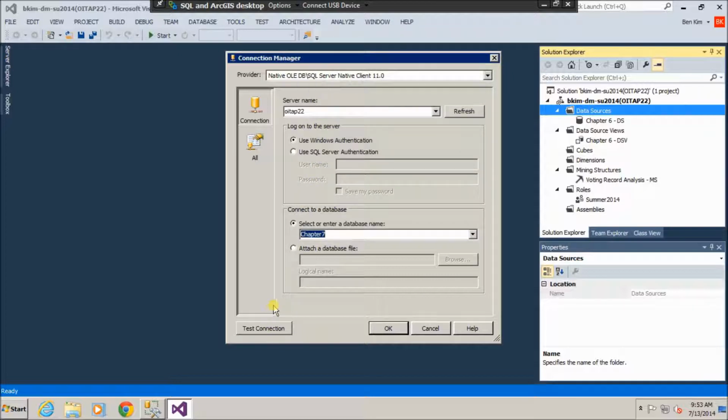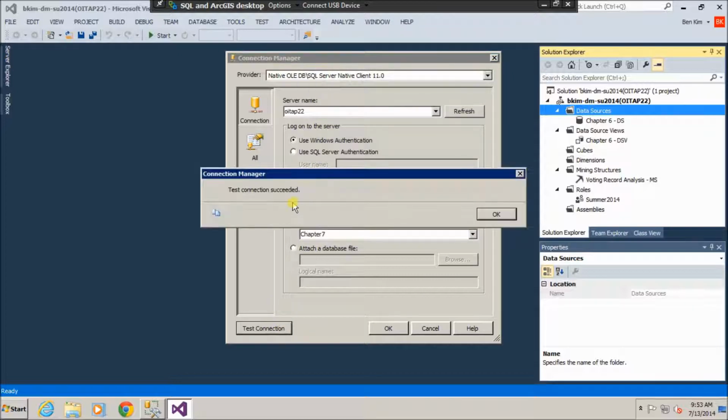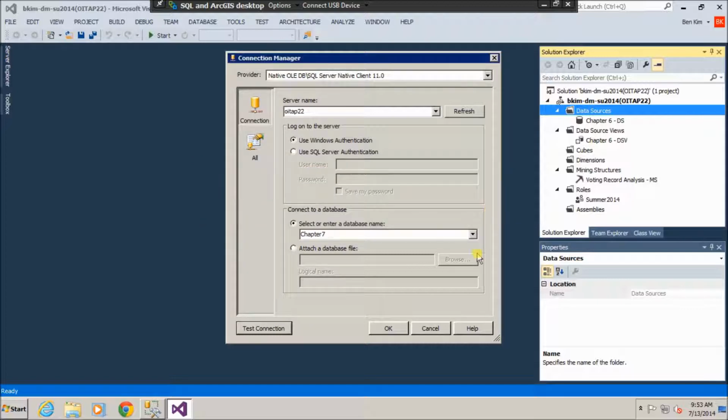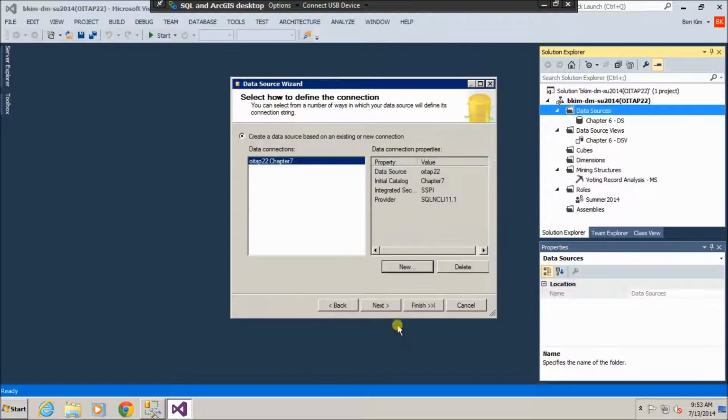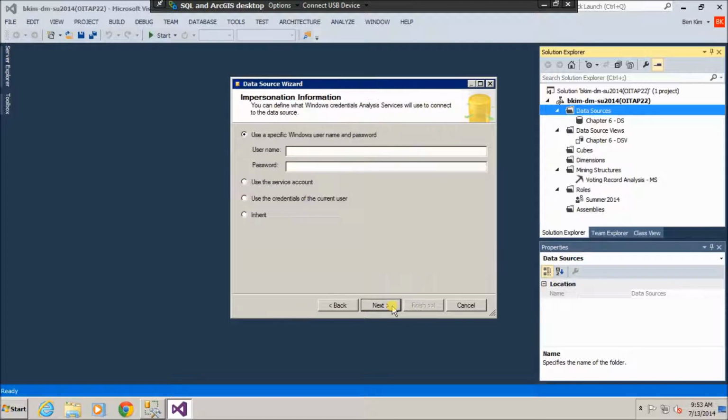It's always a good idea to test. It looks fine. Okay. And next, username. Don't type bkim, type your own username and the password.